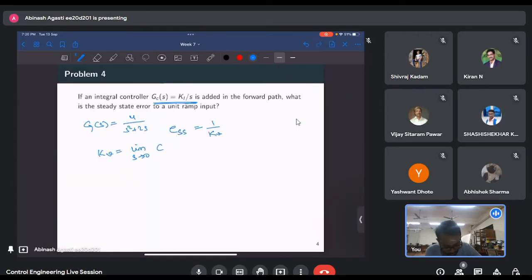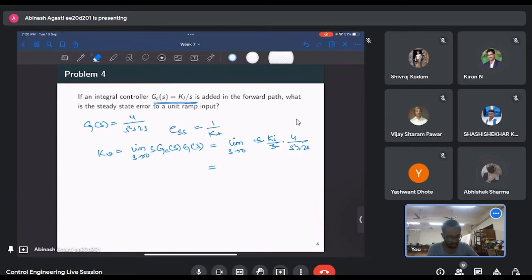So this is limit s goes to 0 of s into Ki by s into G(s), where G(s) is 4 by s square plus 2s. Now what is the value here?